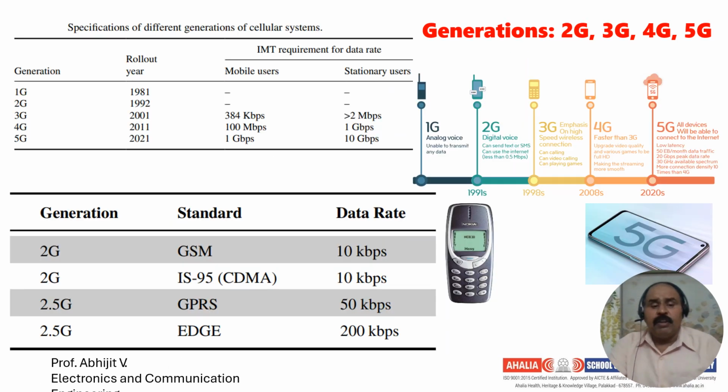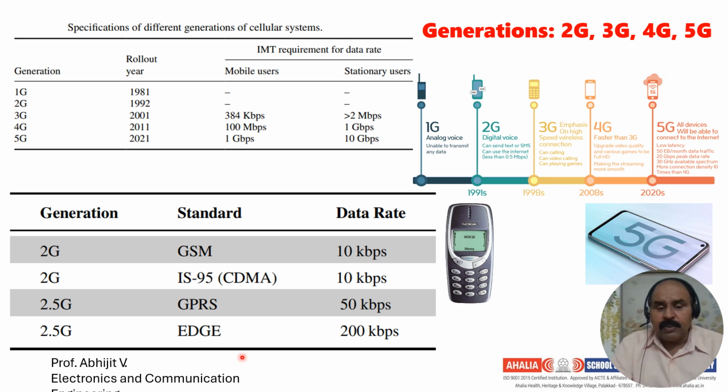So this is a tabular representation of the data rate requirements. The first one shows the tabular representation of data rate requirements from 2G to 5G. In 3G we were using 384 kbps. When it came to 5G, our requirements became 1 Gbps, and for 6G it will be 1 terabyte per second.